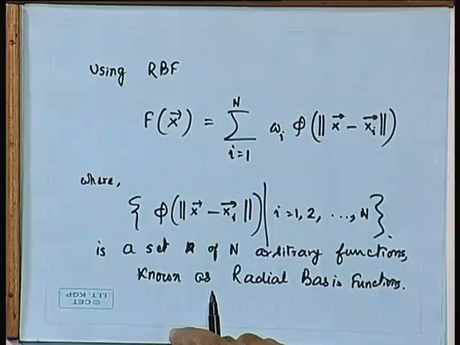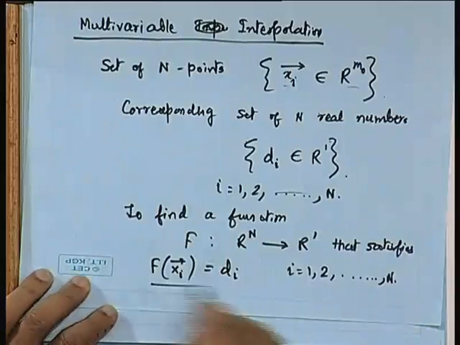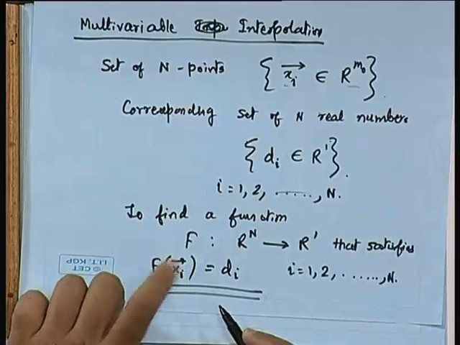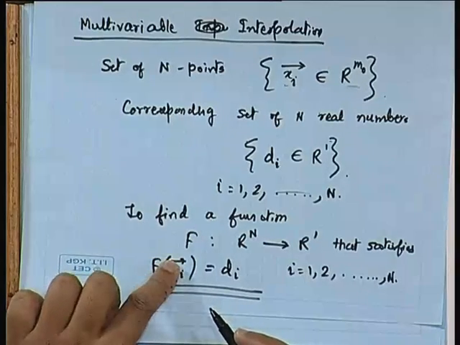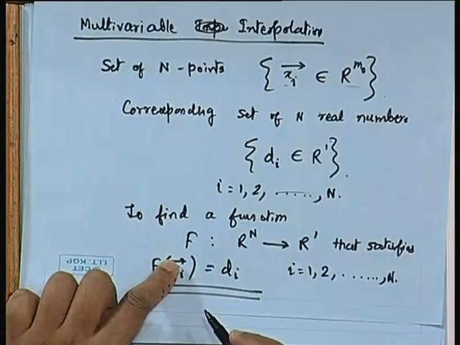Now, if we have to use the radial basis function for interpolation, then what we have to impose is that this equation should satisfy the constraints, because these constraints act on the surface interpolation that we are making.